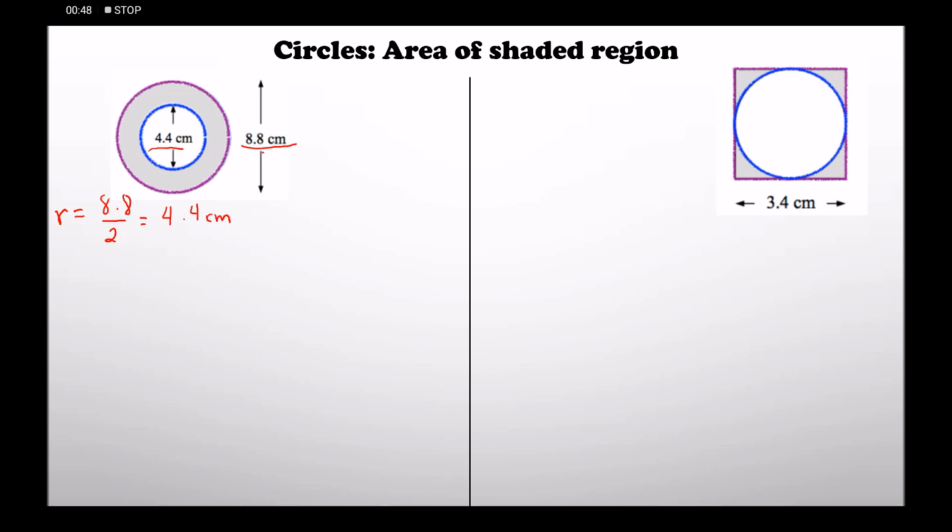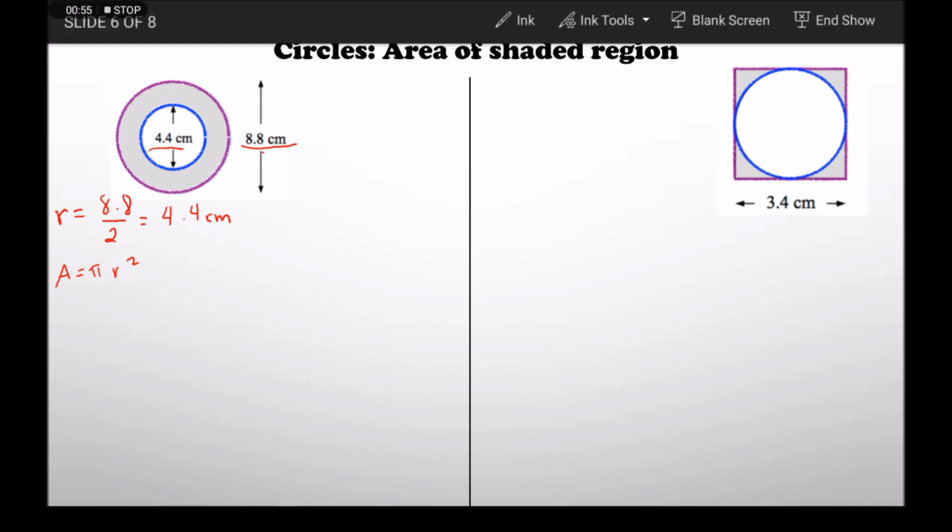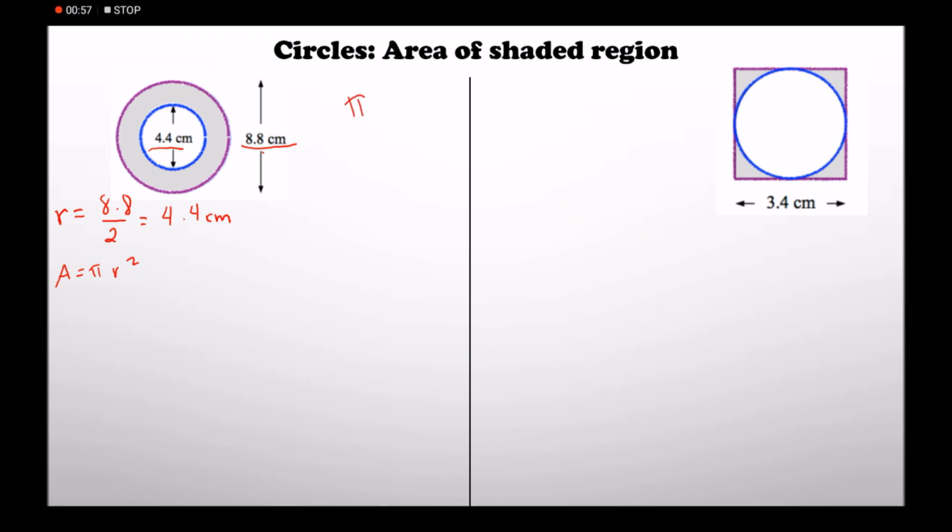Now, the formula of the area of the circle is equal to pi r square. Once again, for the value of pi, we're going to use 3.14. Now let's substitute. So pi is equal to 3.14 with the radius of 4.4 cm, bracket square. Next, we are going to simplify the radius with the power of 2.